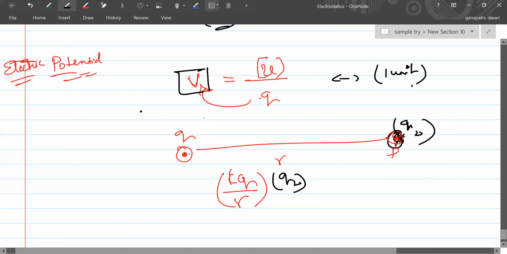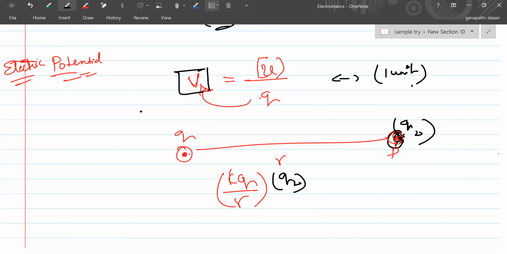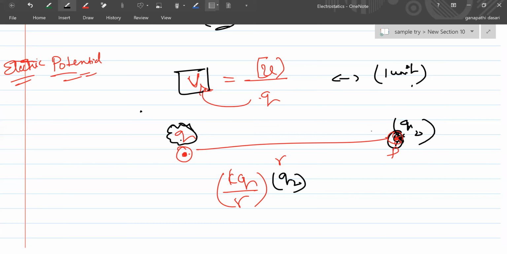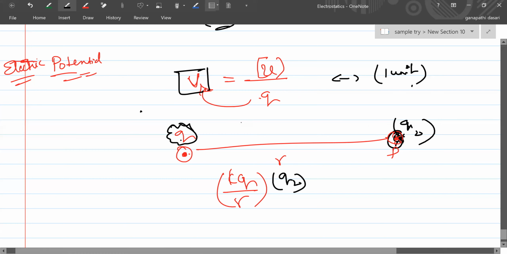Why am I saying that? Suppose you are trying to bring a charge, this charge will repel, right? So you are trying to do work against the force. That work is stored as potential energy here. Got it?